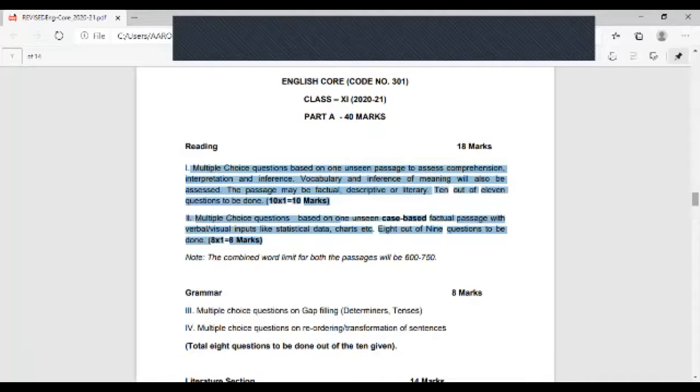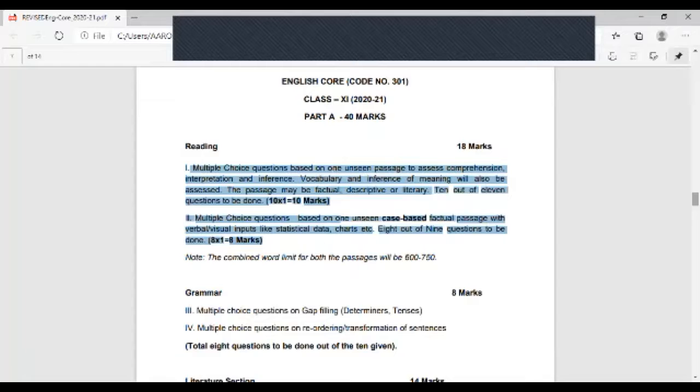The second Roman letter is also a reading comprehension, of which 9 MCQ questions will be there, of which you will be attempting only any 8. I repeat, multiple choice question format. It can be a data interpretation or a biographical sketch or anything related even to a literary work.